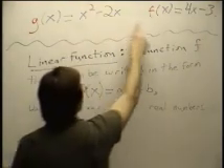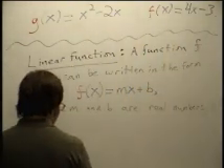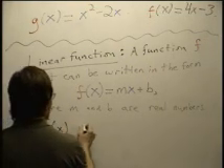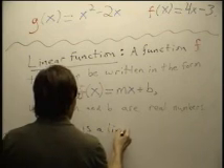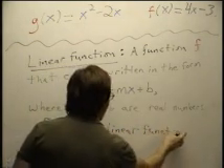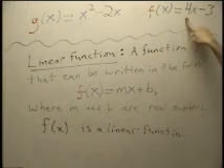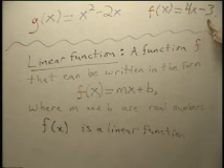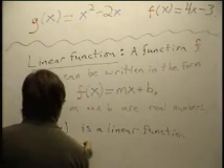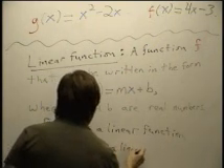So to recall the two examples we've looked at, we see that f of x is a linear function because it fits the format, mx plus b. m is 4, b is negative 3. g of x is not a linear function because it doesn't fit the form.